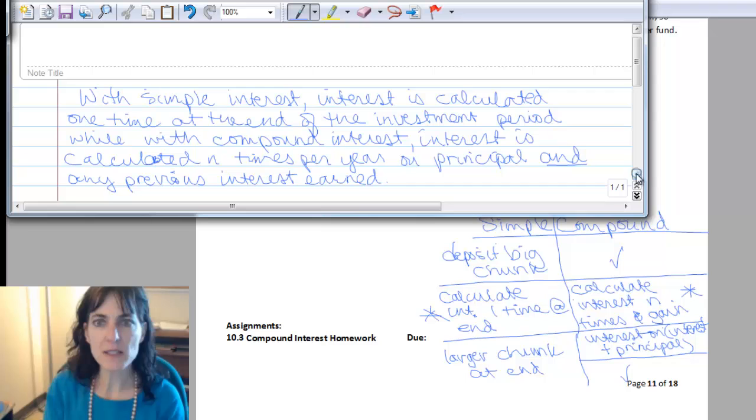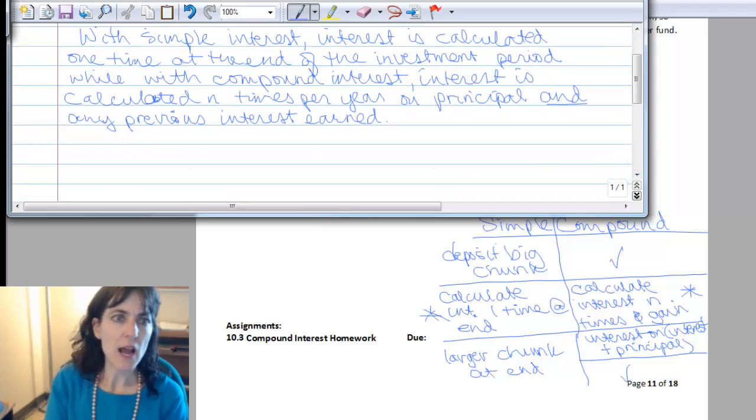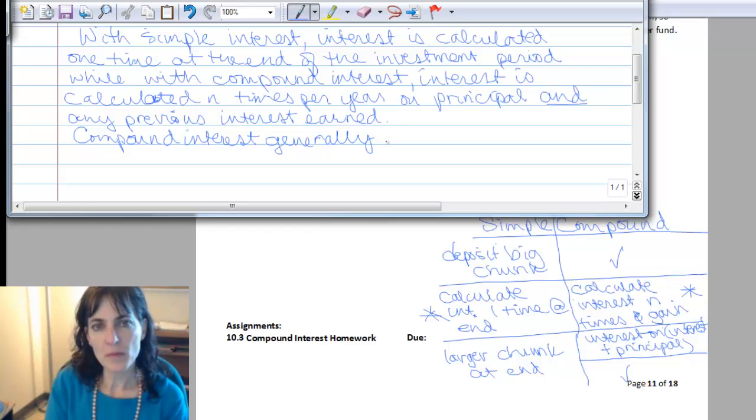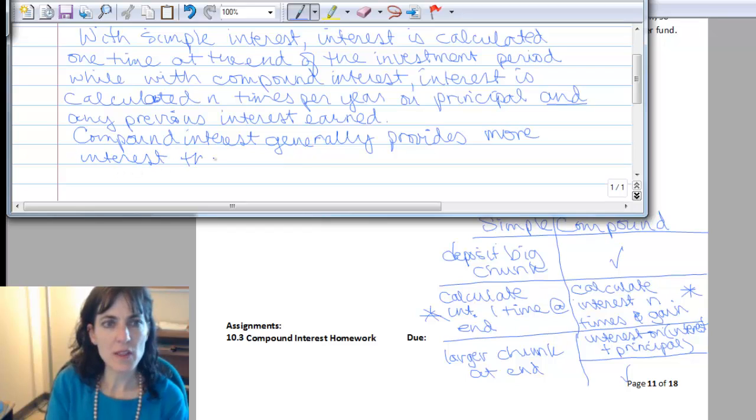Now, if we were asked to give some other differences, I would say that compound interest generally provides more interest than simple.